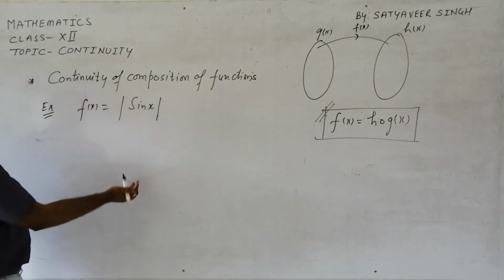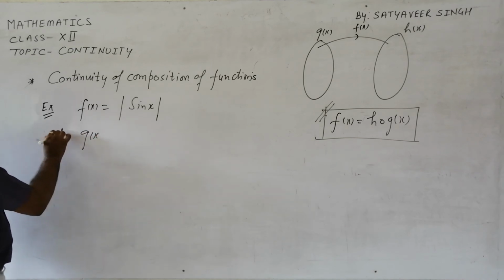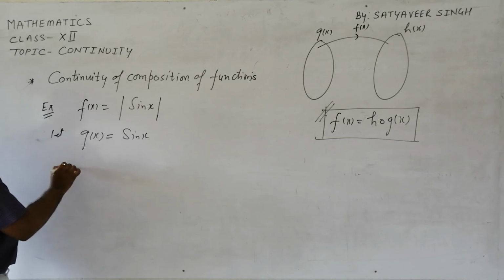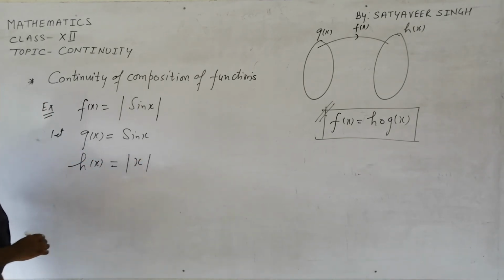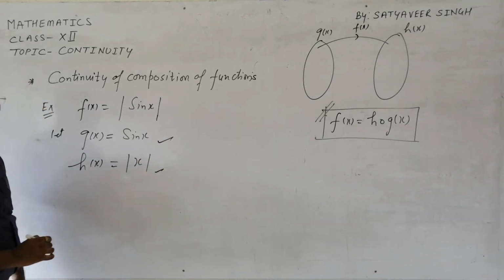So you will have to separate these functions. Similarly, you write let g(x) be the function sin x, let h(x) be the function modulus x, and then individually analyze these two functions.